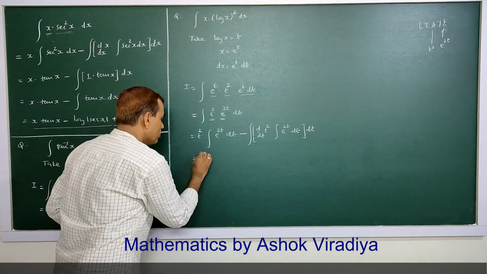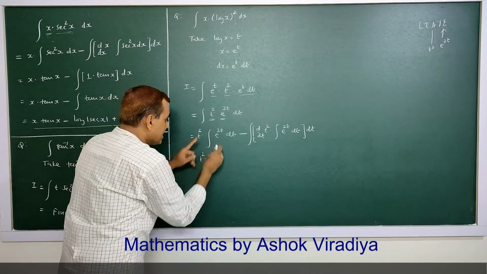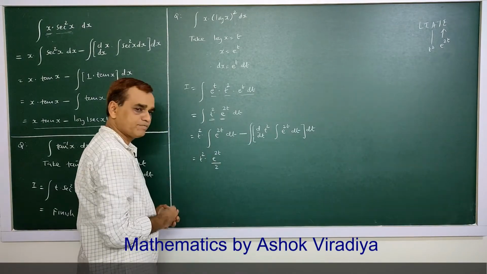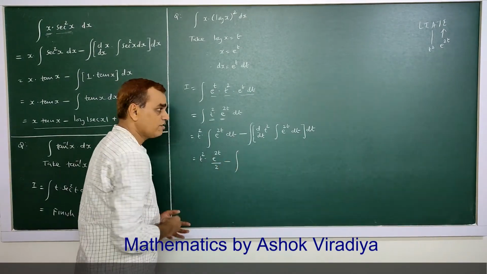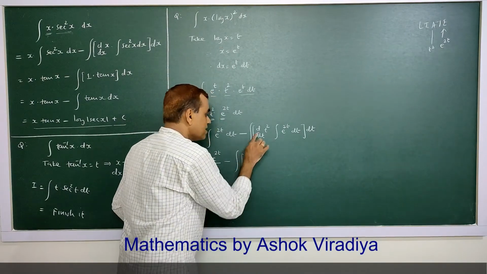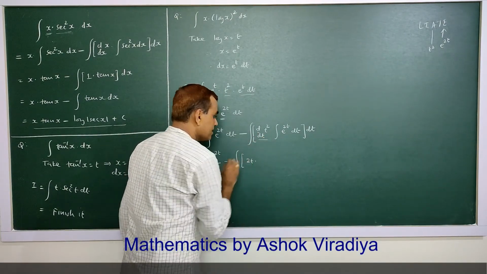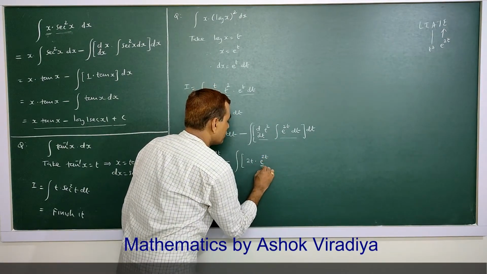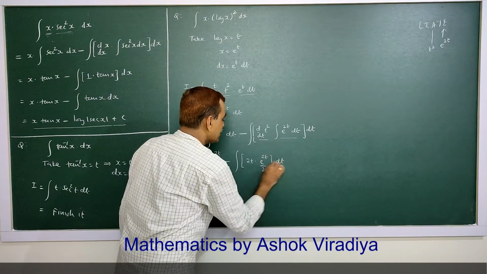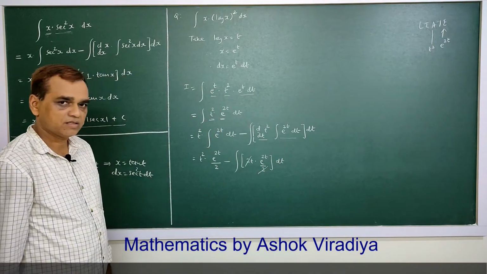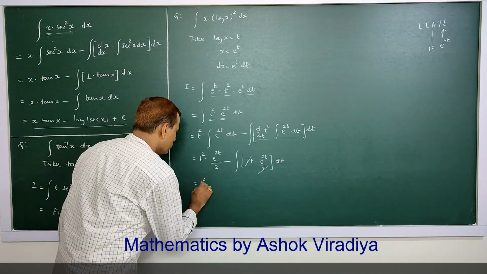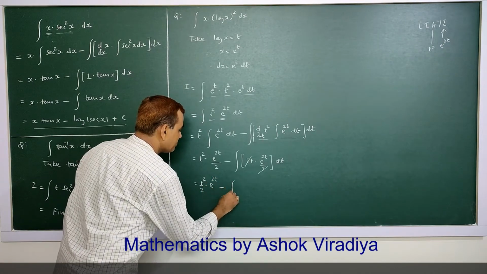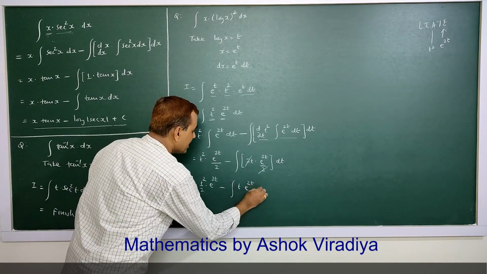So it is equal to t square into, now its integral is e raised to 2t upon coefficient of t, minus integral of, in bracket, derivative of t square is 2t. Here its integral is e raised to 2t upon 2 dt. This will be cancelled. So t square by 2 into e raised to 2t minus t into e raised to 2t dt.